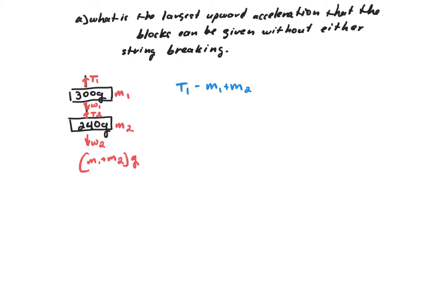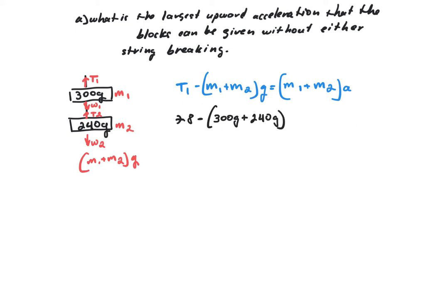So T1 minus (M1 plus M2) G equals (M1 plus M2) A, and we have 7.8, which is the tension, minus 300 grams plus 240 grams times 9.8 equals 300 plus 240 grams times acceleration.